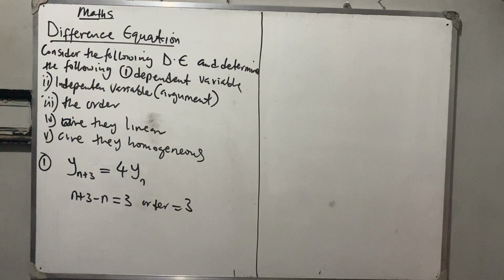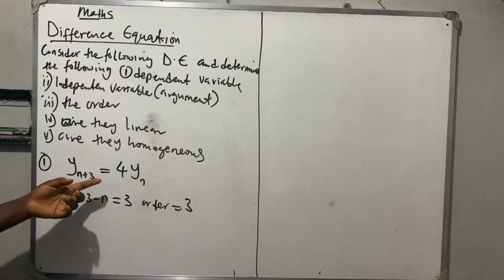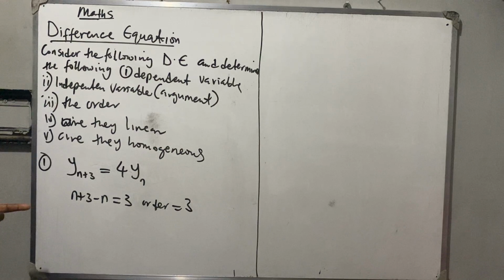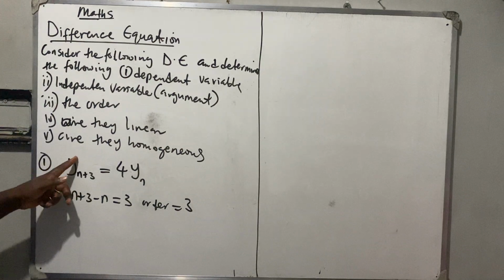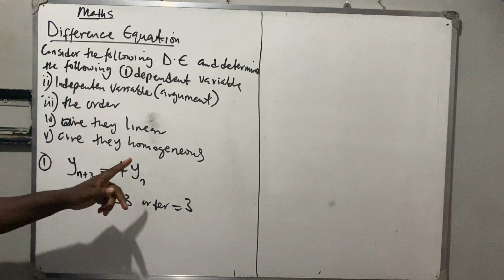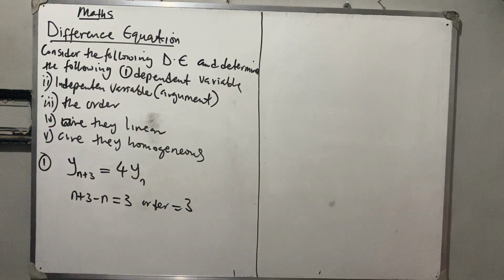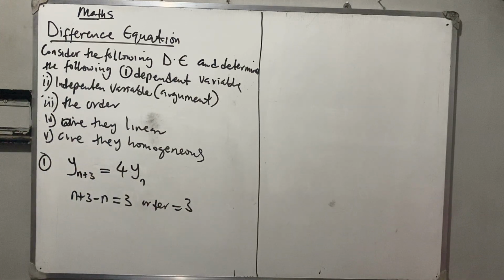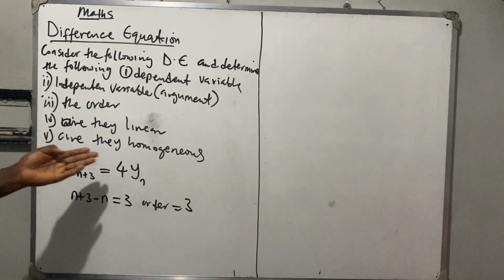So the order of this difference equation is 3. The next one is, are they linear? I told you, how do you know if they are linear? If the highest power of y, which is the dependent variable, is 1, then it is linear. So in this case, this is a linear third order difference equation. Now the next one is, are they homogeneous?